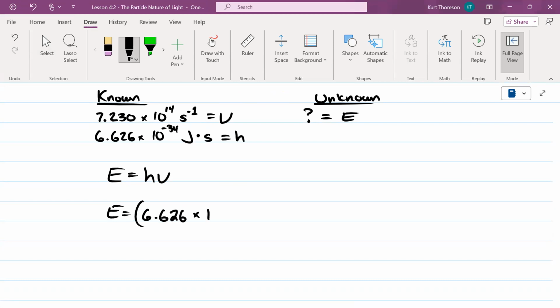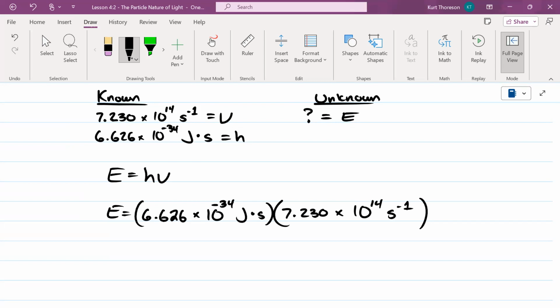6.626 times 10 to the negative 34 joules per second times 7.230 times 10 to the 14th reciprocal seconds. Now, here's going to be one of the little things that can either doom you or gift you an answer.